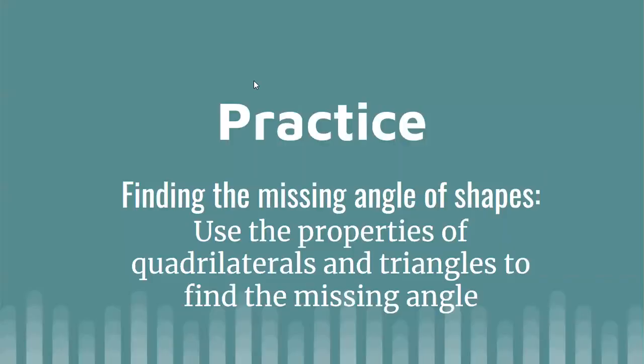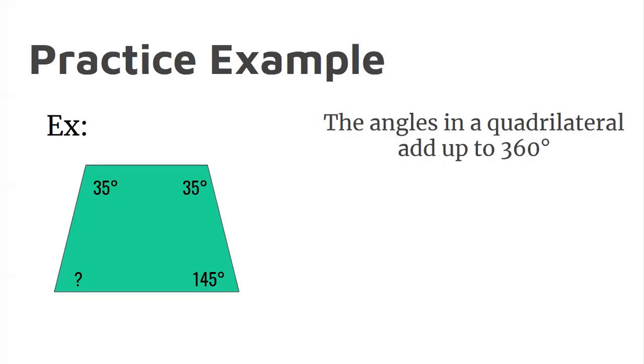So some practice. We're going to find the missing angle of shapes. Use the properties of quadrilaterals and triangles to find the missing angle. I'll give you a practice example so that you know what you're doing and you're not confused. Don't worry, I got you.